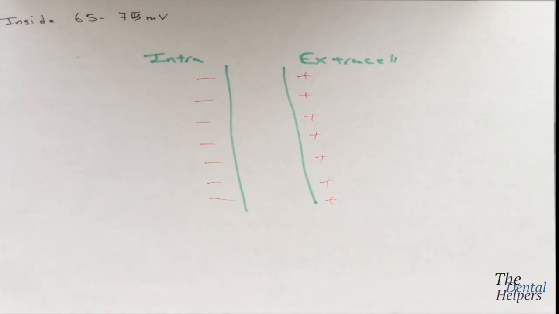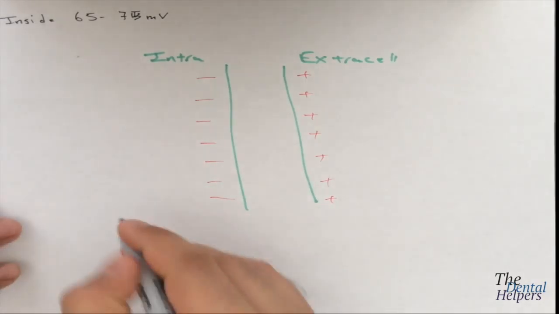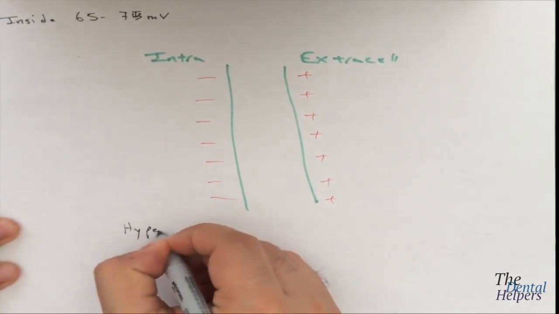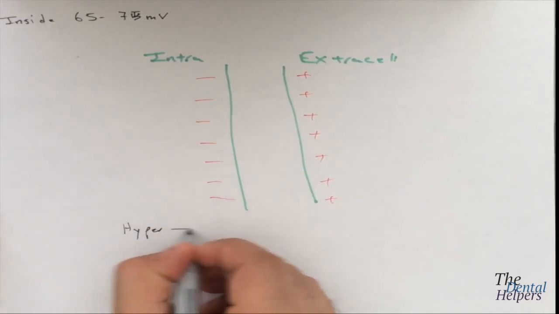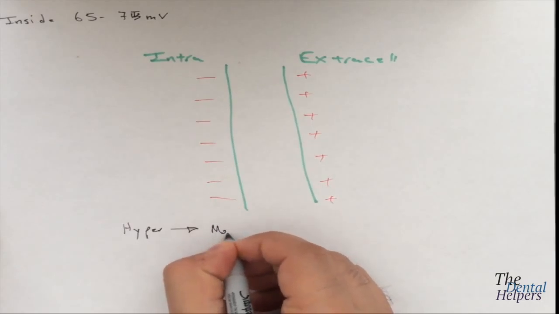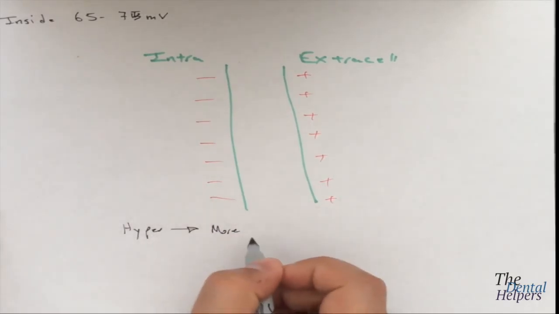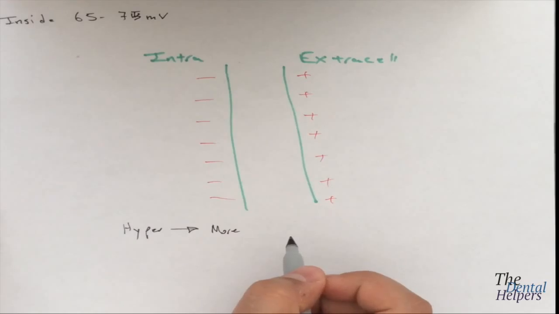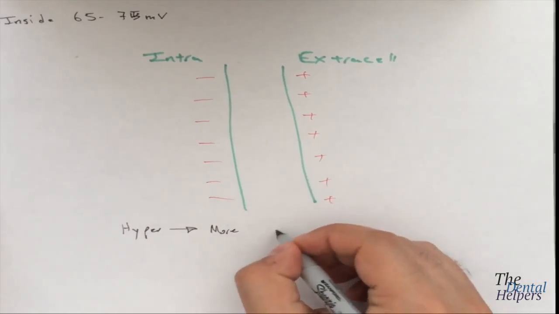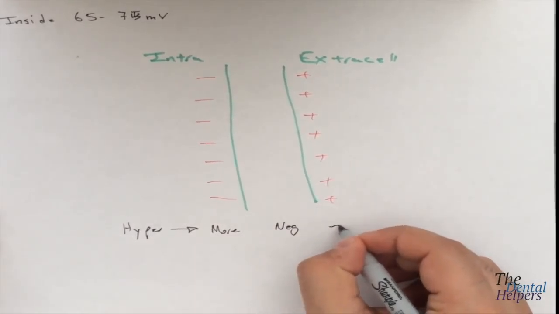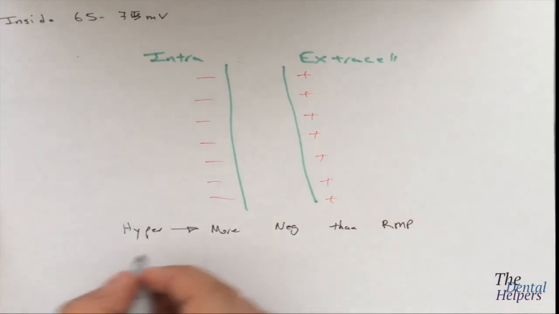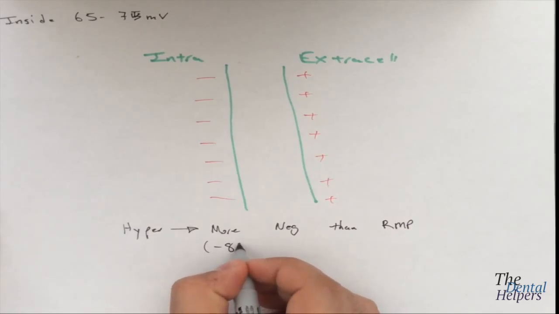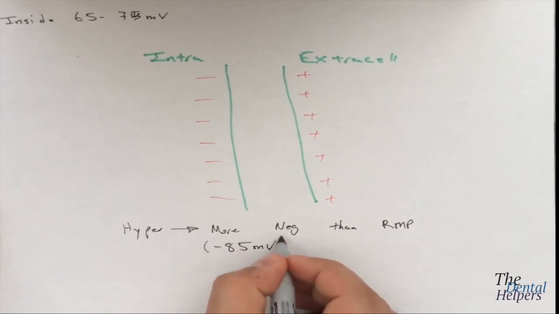So some terms to know: you have hyperpolarized, and if you think about what it means to be hyper, it always means more. So in the case of a membrane, it's going to be more negative than the resting membrane potential. So for example, that's going to be like negative 85 millivolts.